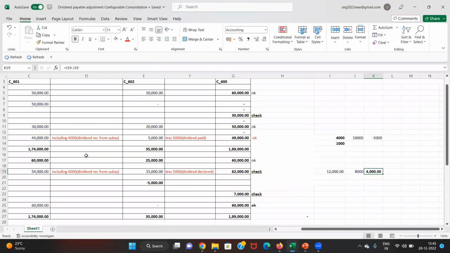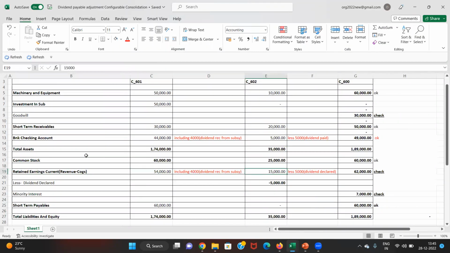So we will prepare a configurable consolidation rule which eliminates or adjusts our share of 4,000 of the dividend declared when the C level entity gets rolled up, when the consolidation rule runs. So one adjustment is needed here. First we'll check the minority.